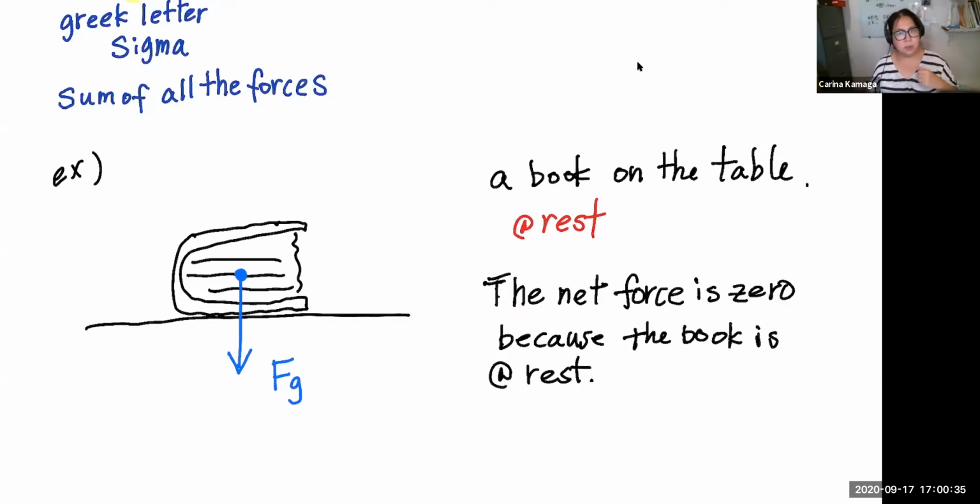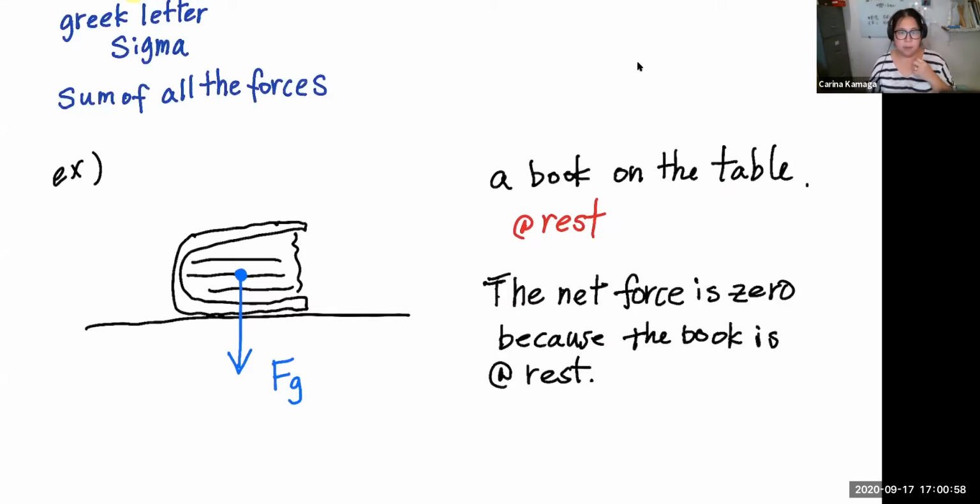What else is the force exerted on the book? This book is in contact with the surface of the table. And whenever you're in contact with a surface, you're always going to have what kind of force? Normal force, right?